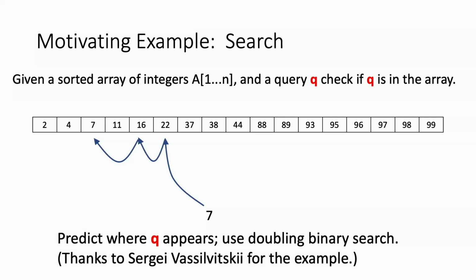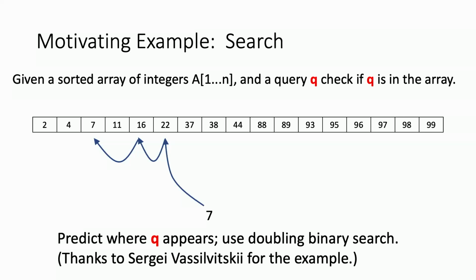Okay, so an alternative approach that would use the idea of a prediction, and the motivation here is to think of a prototypical example where we do search, like when we wander into a bookstore or a library, right? If I'm looking for Isaac Asimov, as I did when I was a kid, you don't start in the middle, because the book's going to be in the A's, right? So you start over towards that part of the alphabet. Similarly here, if you were searching for a number, you might have a prediction.